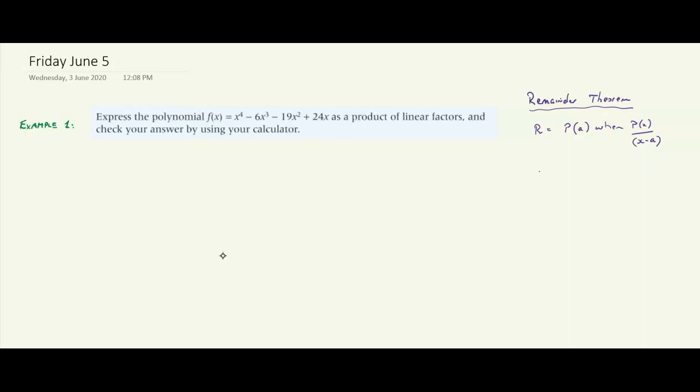And as a corollary, the factor theorem states that if the value of the polynomial at A is equal to 0, then X minus A is a factor.